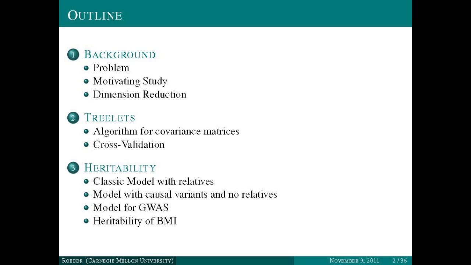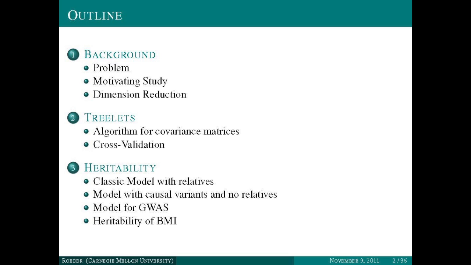And so I want to tell you about that, and I'll put it all in the context of heritability. So in the end, my final part will be about the heritability of body mass, which is, I notice, being talked about a lot these days.